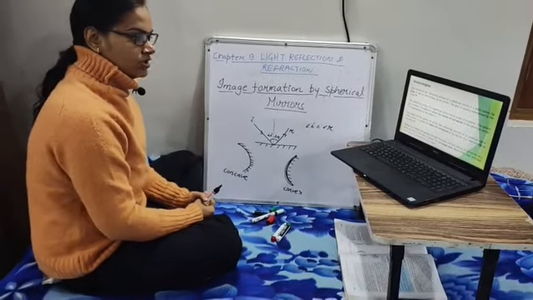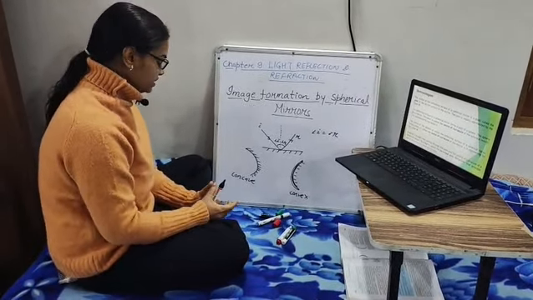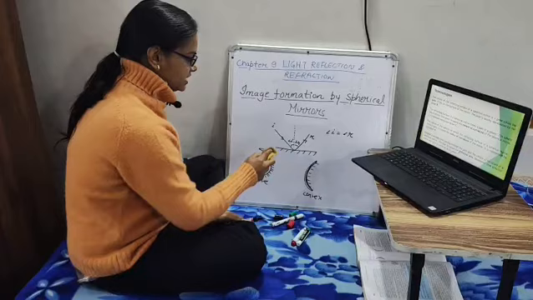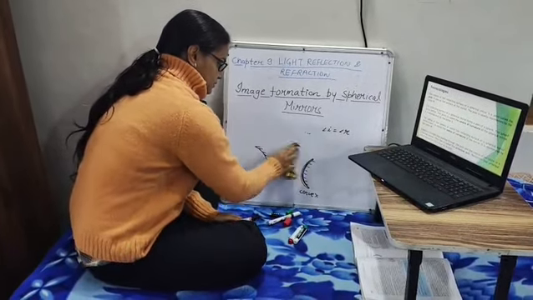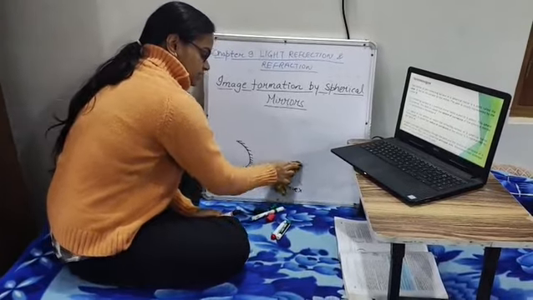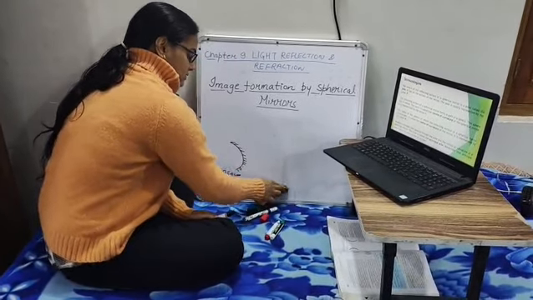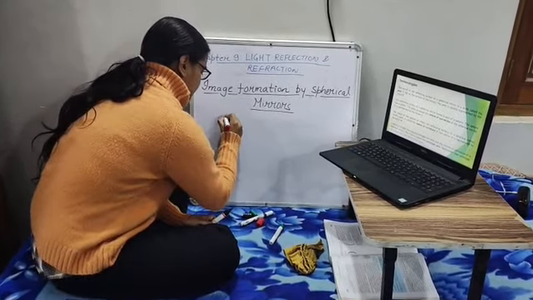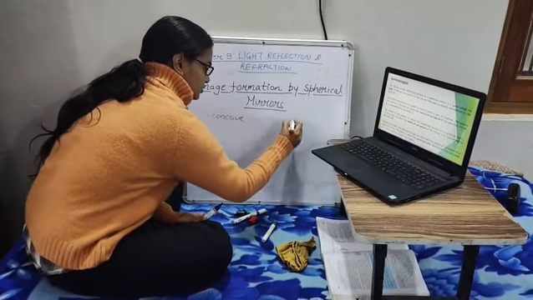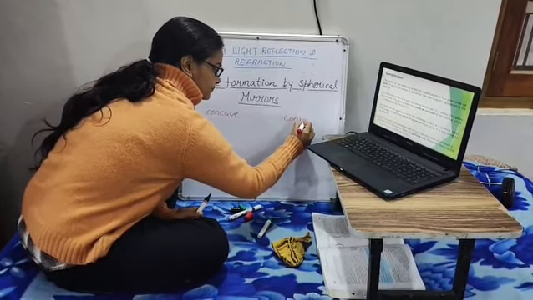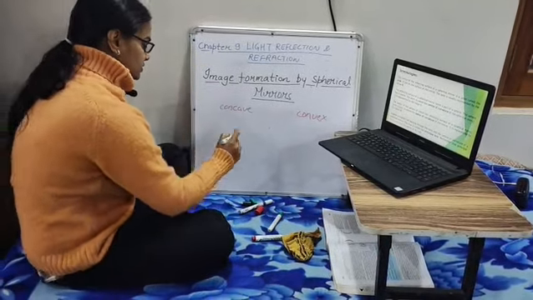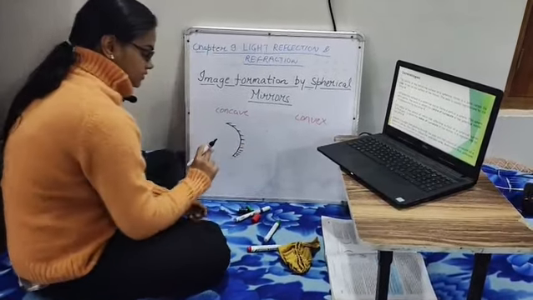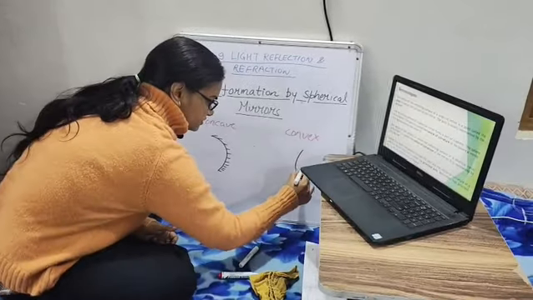Now coming to the ray diagrams, there are following terms which we have to understand for the better understanding of ray diagrams. So we will now be familiar with certain terms for concave mirror and for convex mirror. This is the concave mirror, and this is the convex mirror.